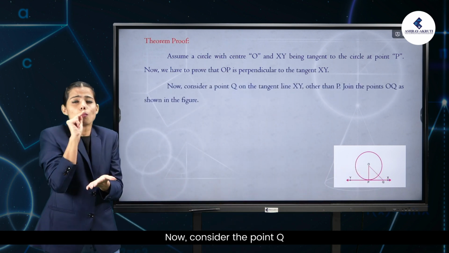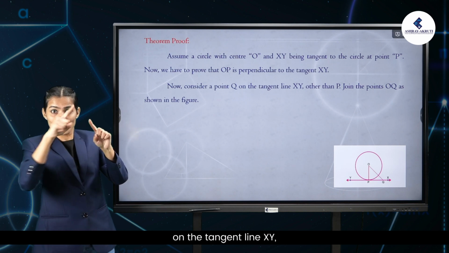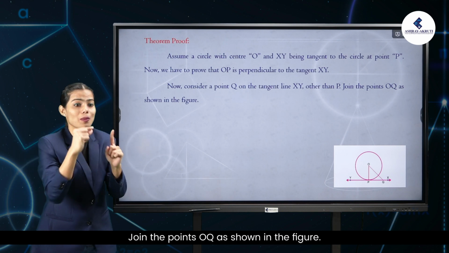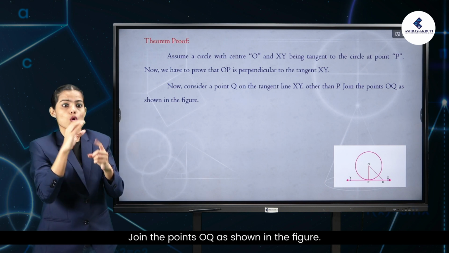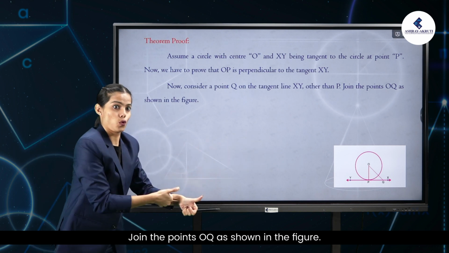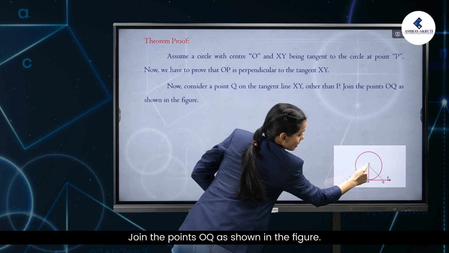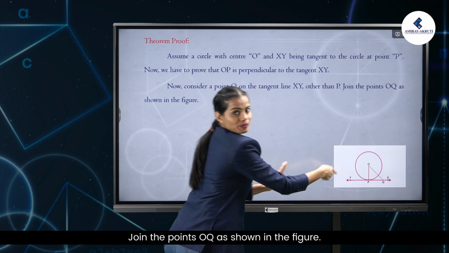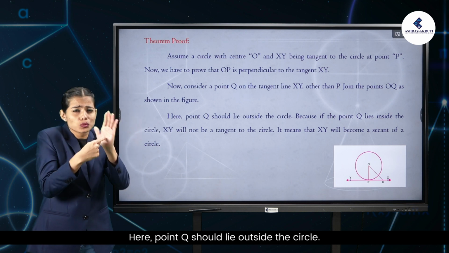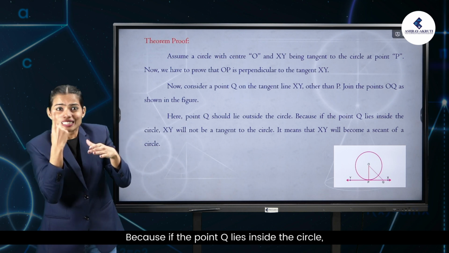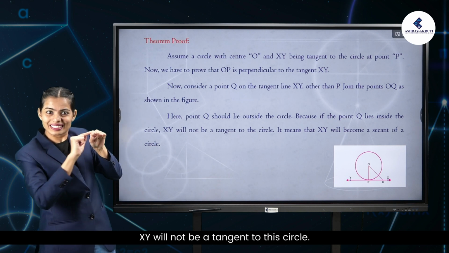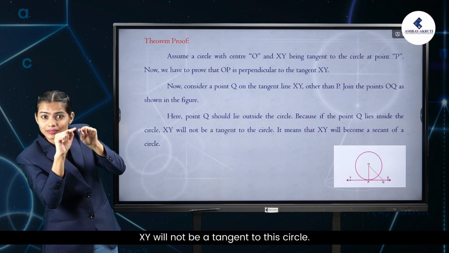Now, consider a point Q on the tangent line XY other than P. Join the points OQ as shown in the figure. Here, point Q should lie outside the circle because if the point Q lies inside the circle, XY will not be a tangent to the circle.